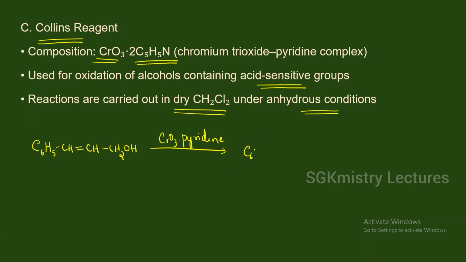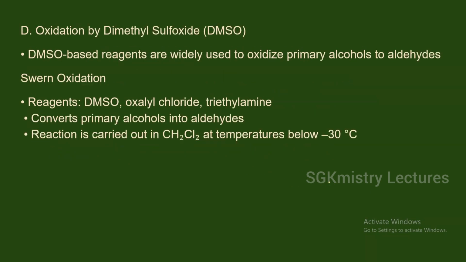So we have C6H5 CH double bond CH. Now the CH2OH group will be converted to CHO, right? So here you're going to get this as cinnamaldehyde, right?